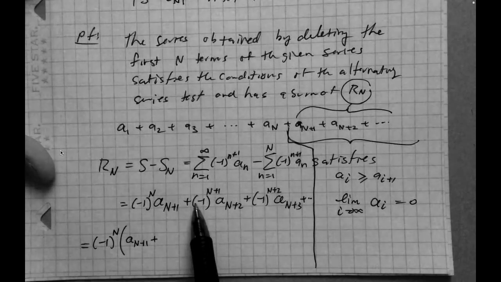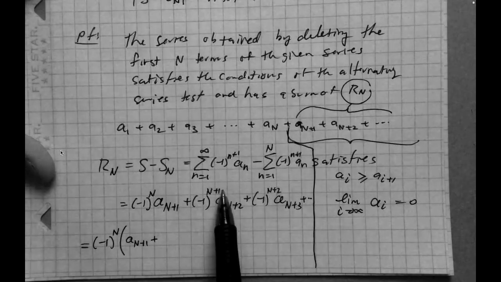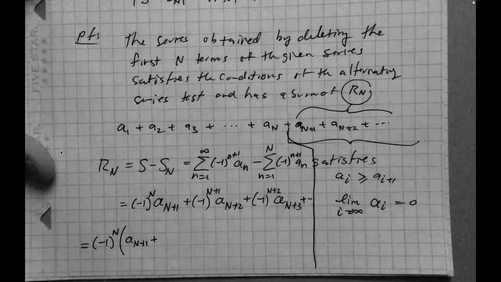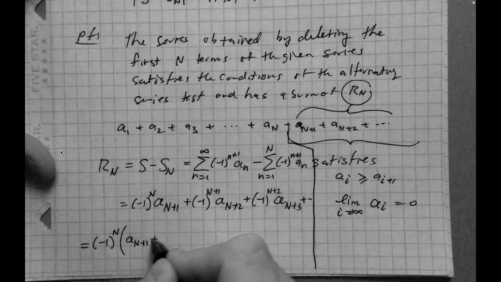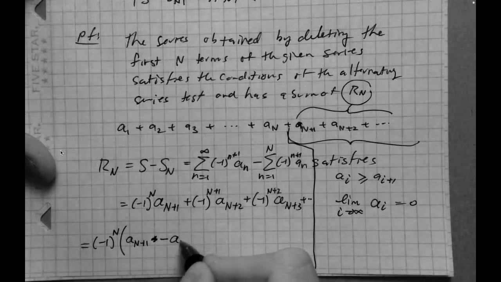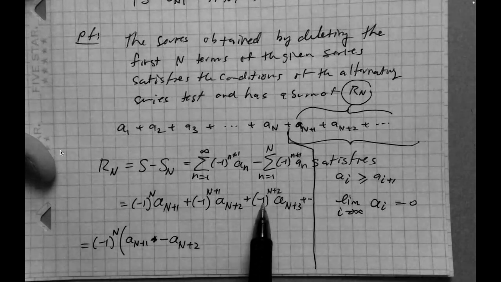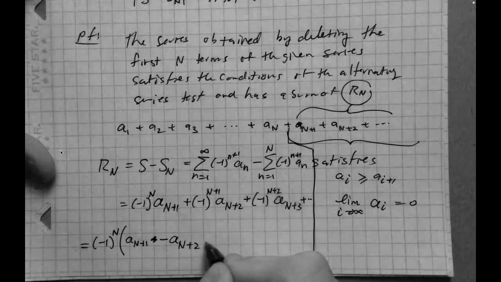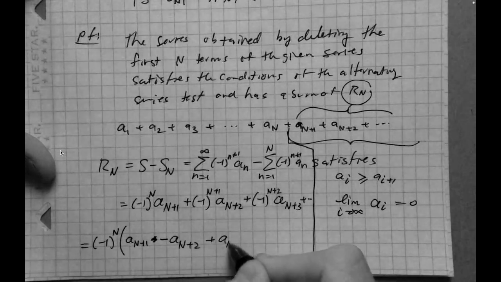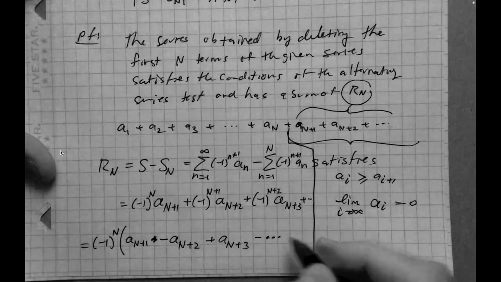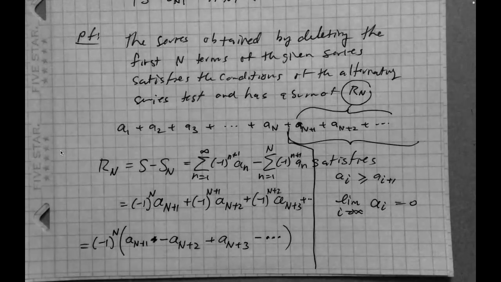Now this one, what am I left with? Well, I would be left with negative 1 to the first power, which is a negative, so that would be minus a_{n+2}. And then over here, I'd be left with negative 1 to the second power, and so that would be plus a_{n+3}, and so on, minus, and then dot dot dot. The whole thing is an infinite series here.